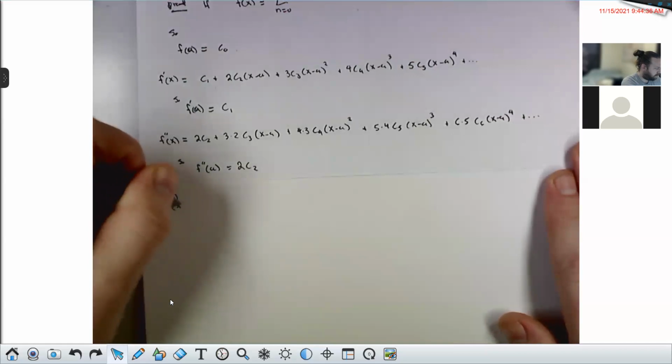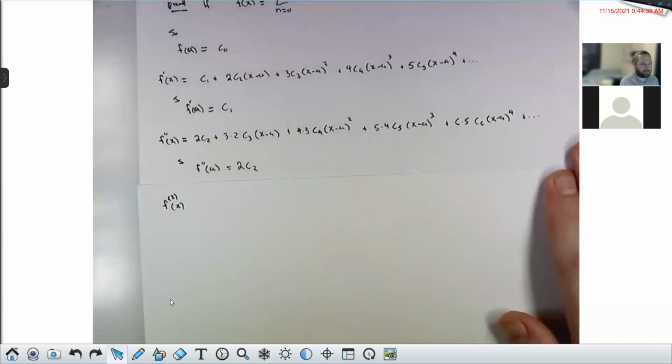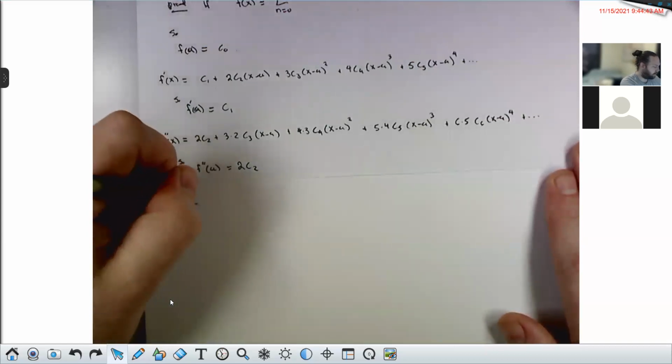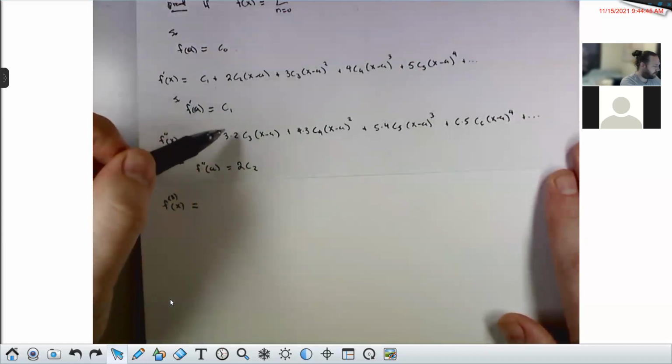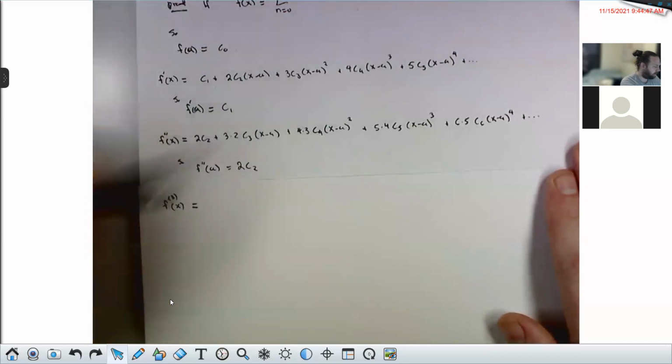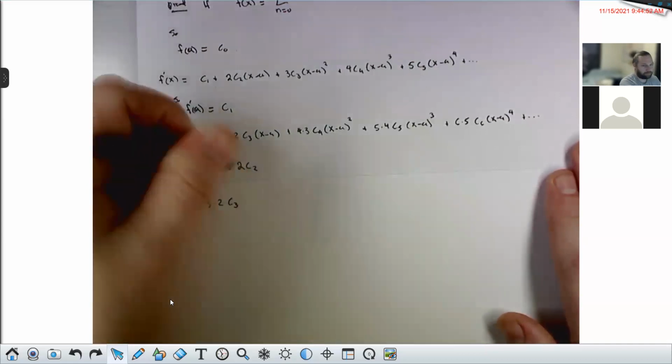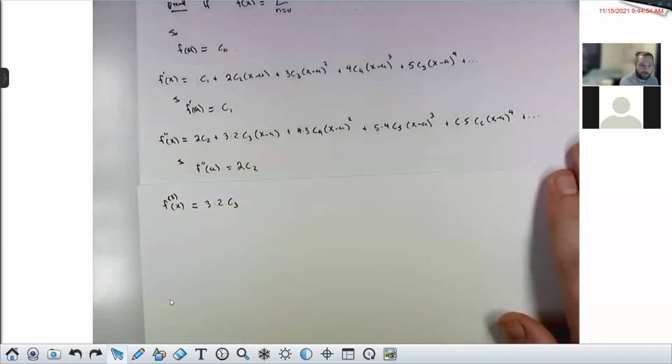f triple prime of x, the third derivative. The derivative of 2C2, that's a constant, is 0. The derivative of 3 times 2 times C3 times x minus a is 3 times 2 times C3.